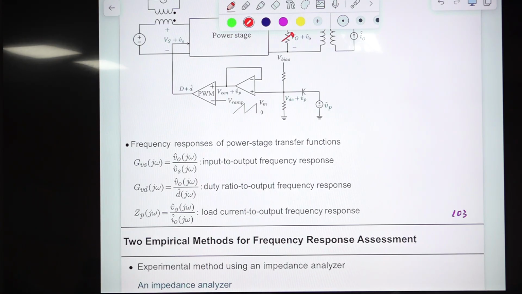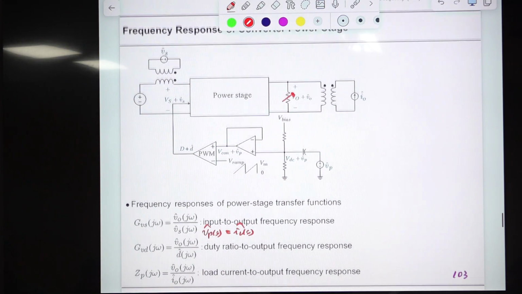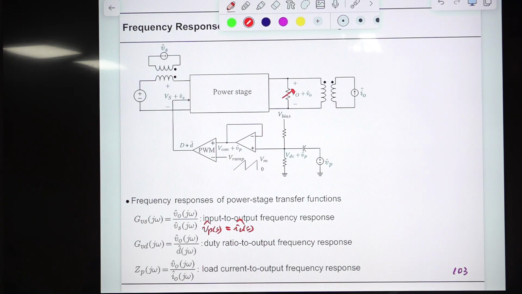And the condition for this is v_p(s) and i_o(s) as 0. Because when you have this AC small signal relationship, this is considered a linear system, so there is a superposition principle.